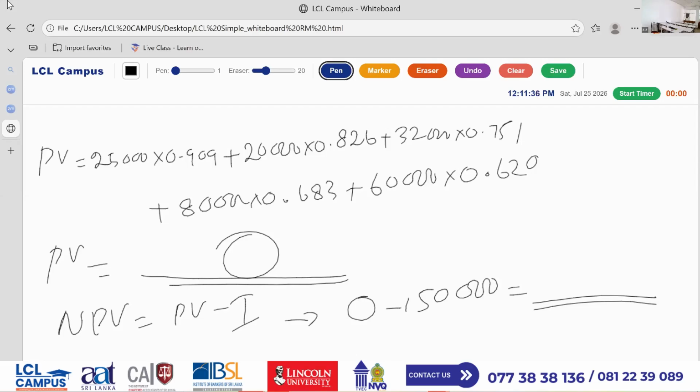NPV equals present value minus investment. Present value means this is the way to obtain the present value. These are the cash inflows at the end of the first year, second year, third year, fourth year, fifth year. If you invest 50,000 today, they are telling that after 1 year 60,000 will be received. Is the project valuable or not?